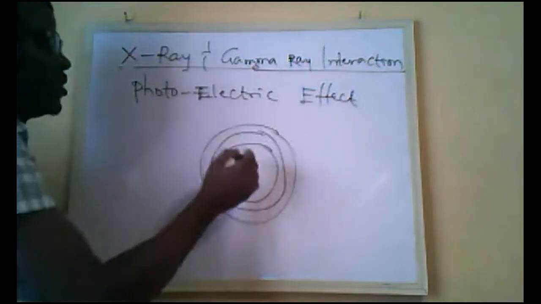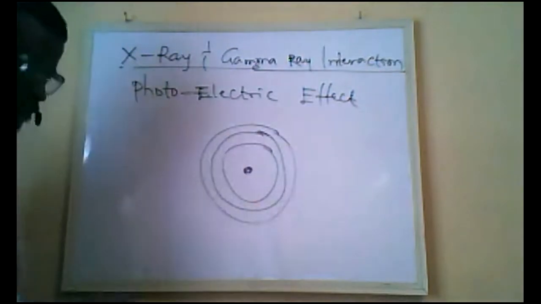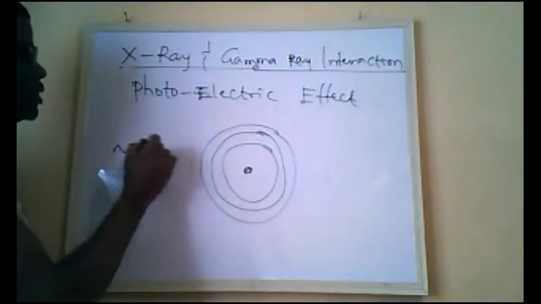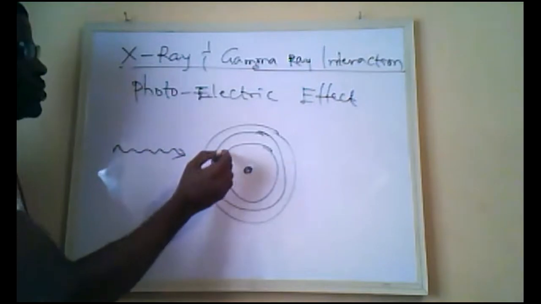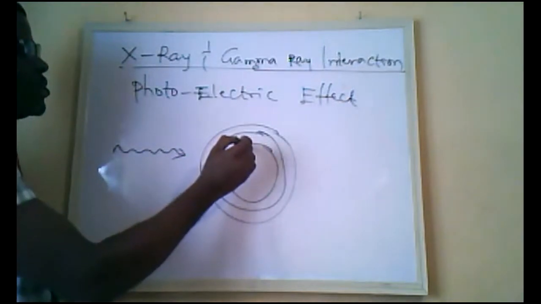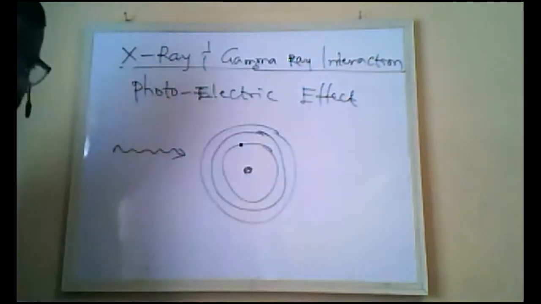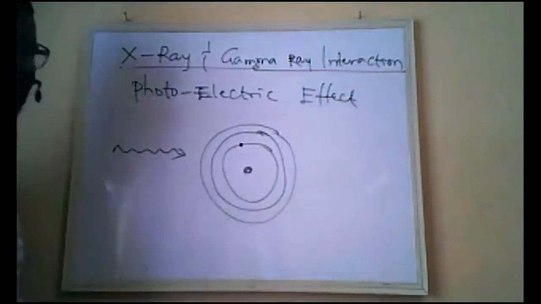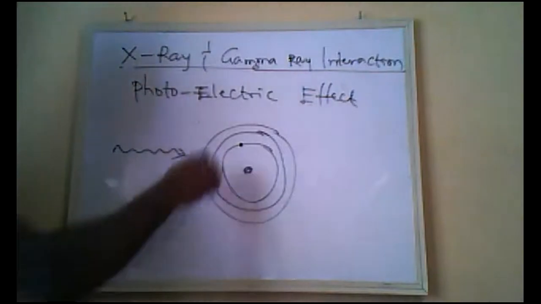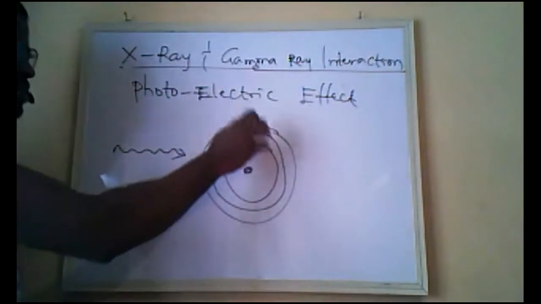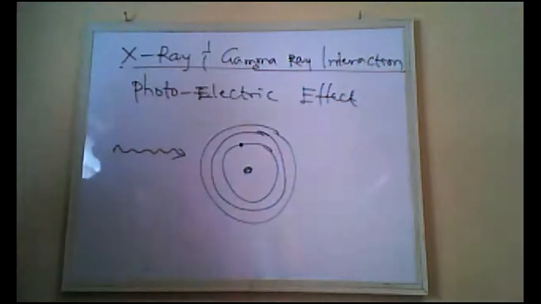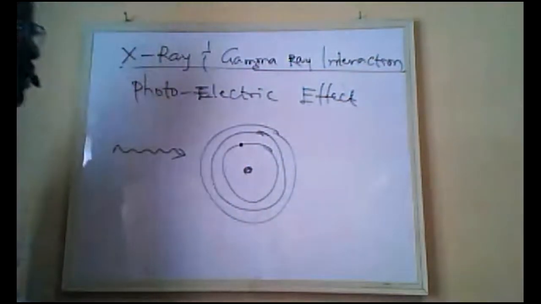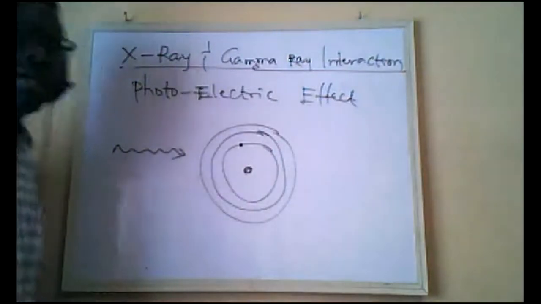For the photoelectric effect to take place, the photon has to interact with the inner electrons in the shells. Once or twice, it can have the photoelectric effect such that the electron in the valence shell can be knocked off.